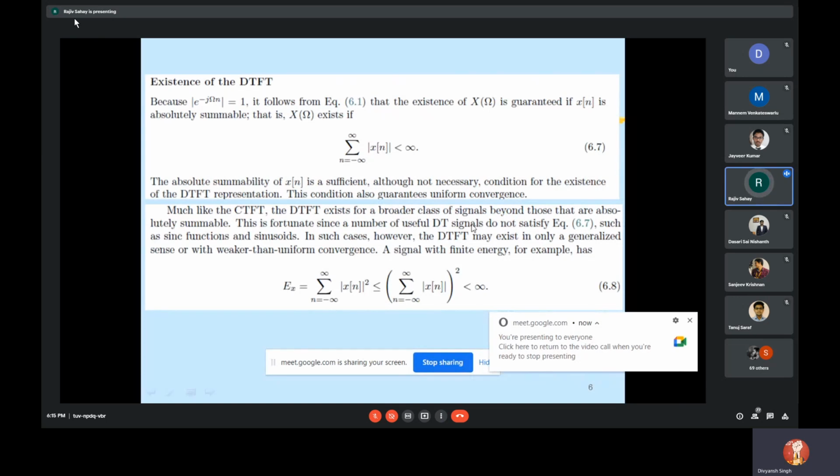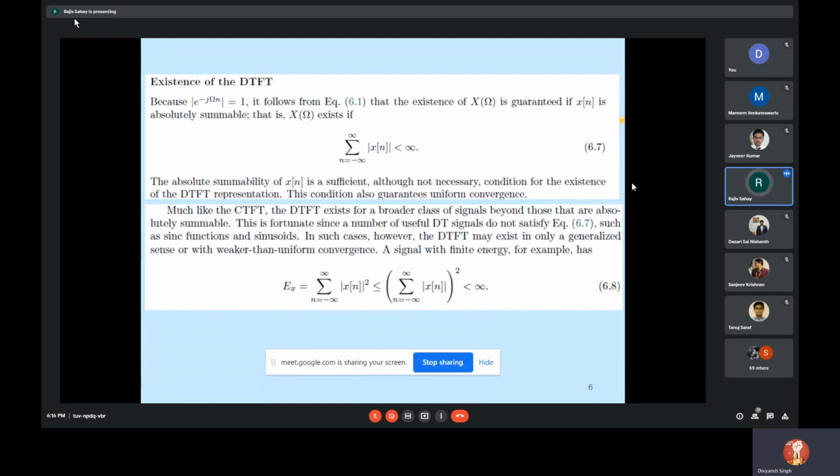Okay, so I think you have understood the idea of uniform convergence. This absolute summability criteria is a very tight criteria. It may not be valid for many functions. So the DTFT exists for a broader class of signals beyond those that are absolutely summable. Some discrete signals do not satisfy this absolute summable equation, that is equation 6.7.